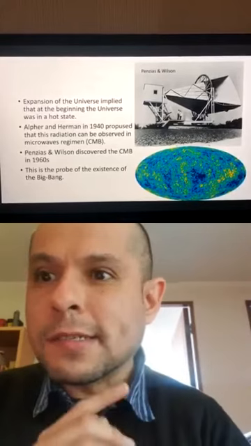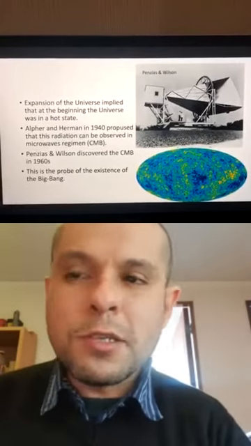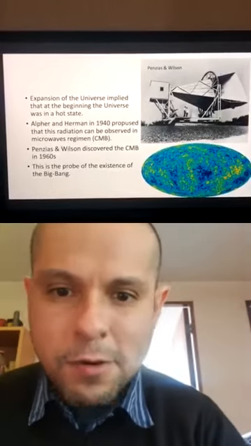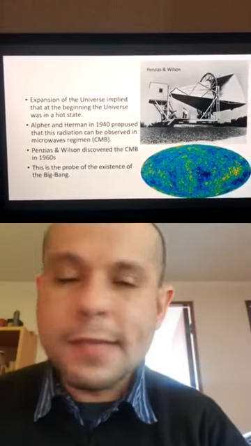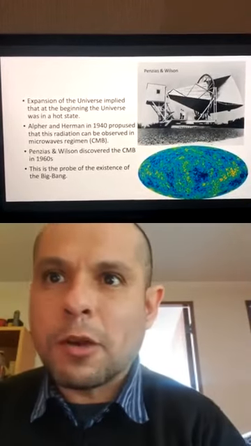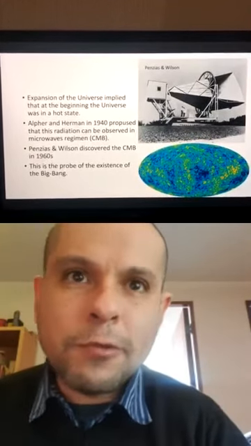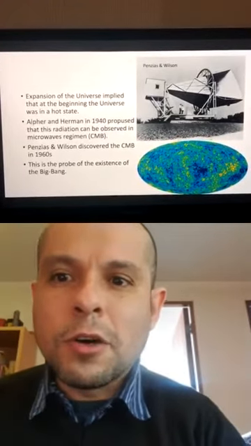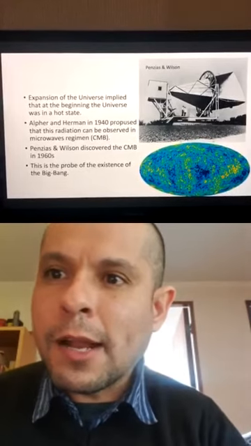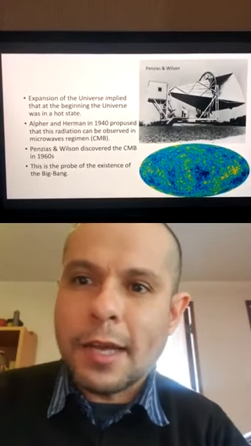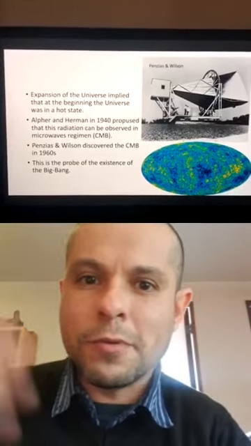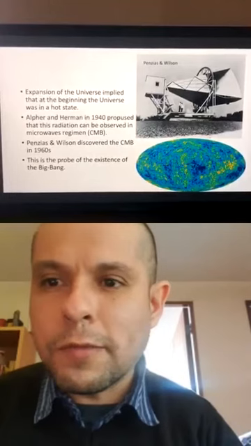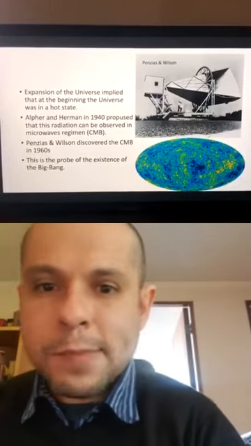And it happened in the 60s. There were two engineers from Bell Labs, the Bell company, which was the telephone company at that time, Penzias and Wilson, and they were commissioned by the company to find some interference in the telephone calls. So the Bell company gave them this antenna that you see there, this kind of horn, and they started to use it to find the cause of the interference in the telephone lines.